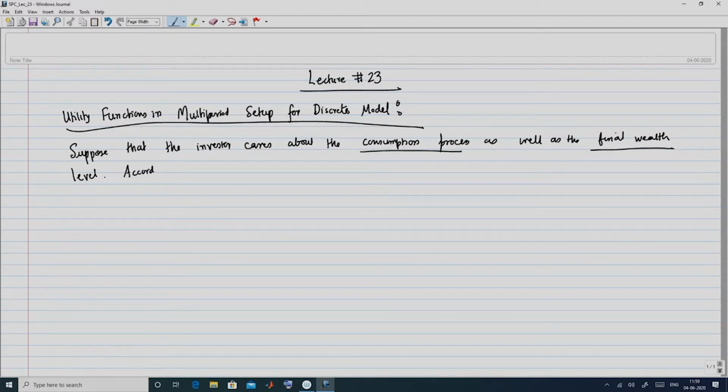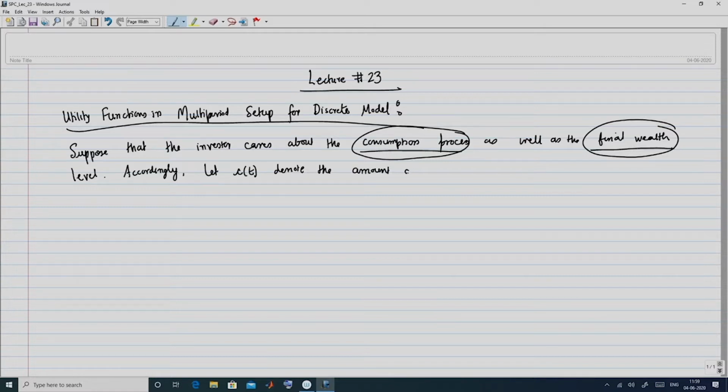So, accordingly, let us be very specific now about this consumption process and the final wealth. So, we let C of t denote the amount of money that is consumed at time small t, and let x of t denote the wealth level at time small t.